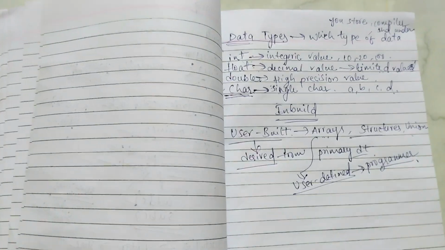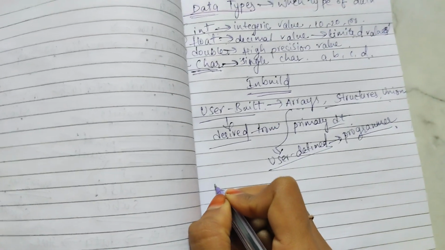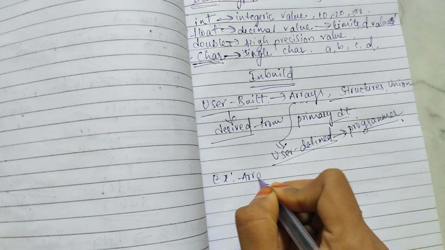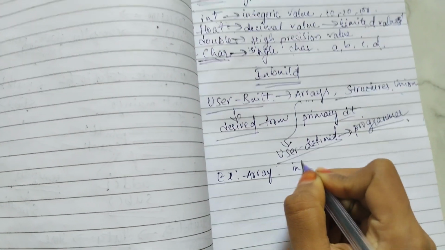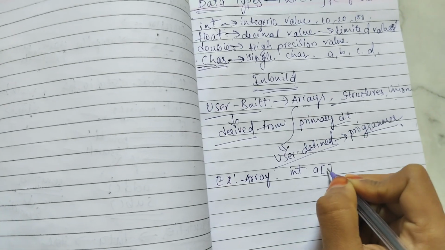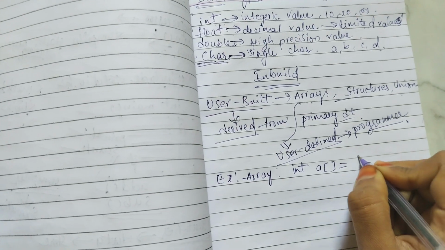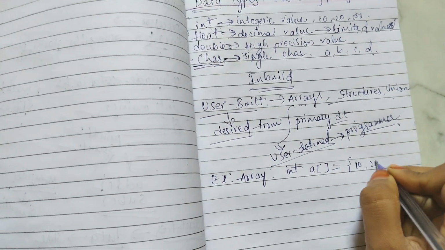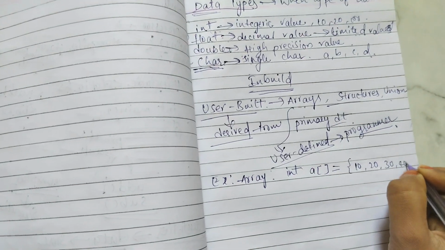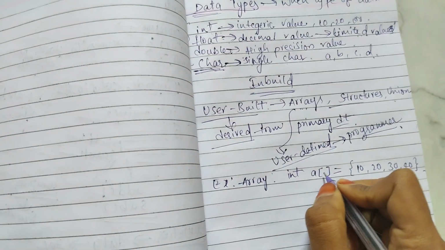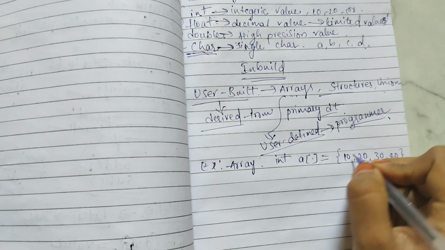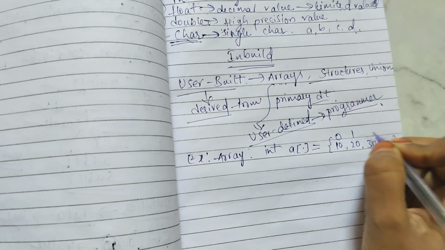Let me show an example of an array. Int a, with the size in the index brackets, is equal to a set of values: 10, 20, 30, 40, and so on. Here I have to write how many numbers I am storing inside the array. This is the 0th index, first, second and third index.